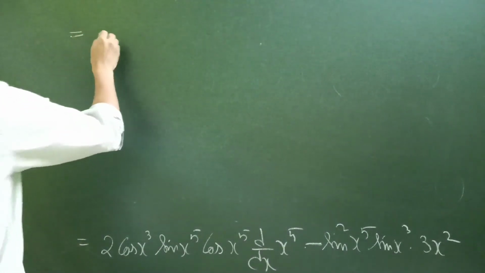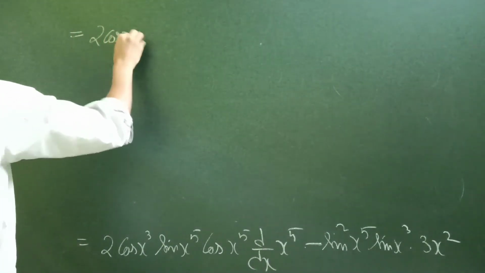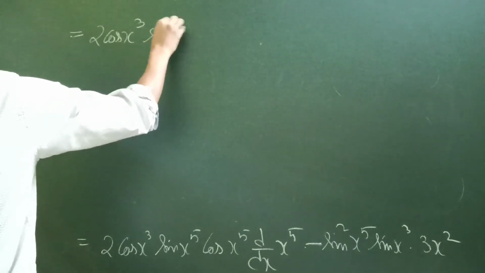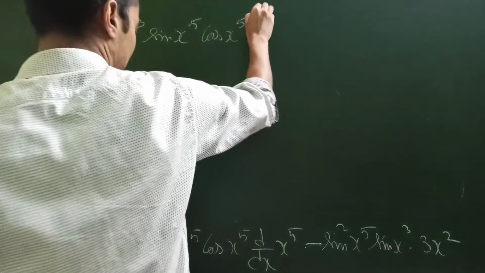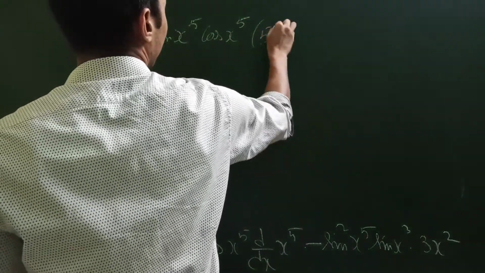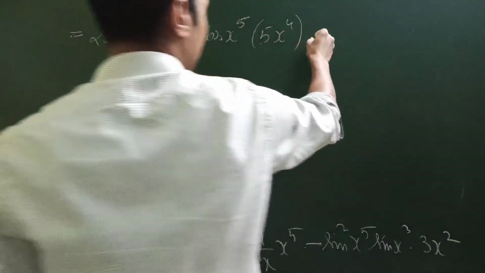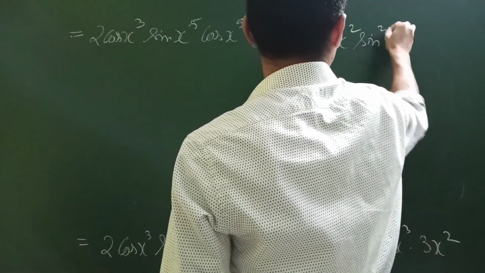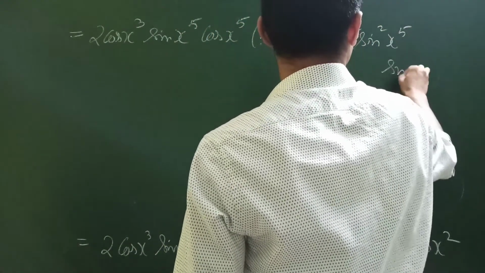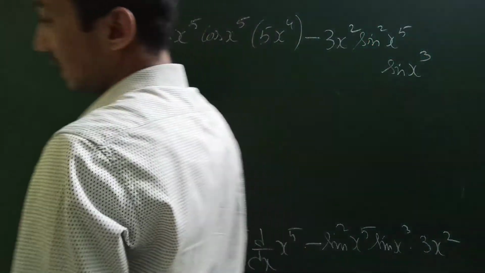So finally, 2 cos x cube sine x power 5 cos x power 5, then we have 5 x power 4 minus 3 x square sine square x power 5 sine x cube.